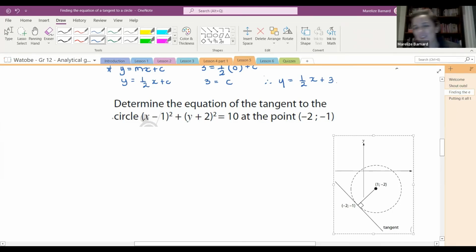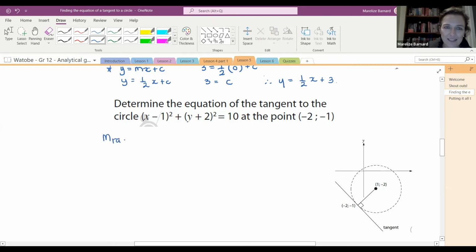Okay, so we're going to start by calculating the gradient of the radius. So we're going to say minus 2 minus 1 over 1 minus 2. So that's minus 2 plus 1 is minus 1.